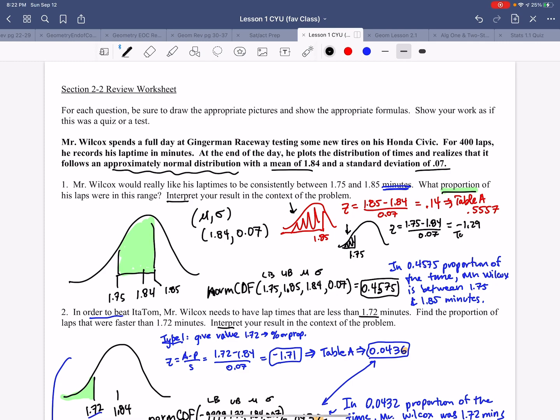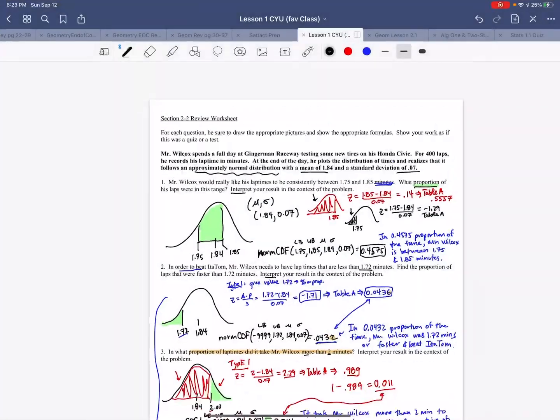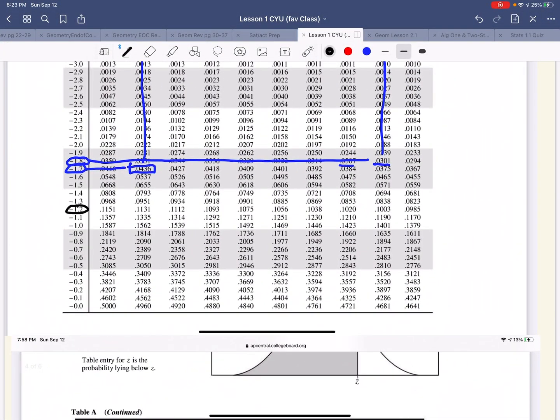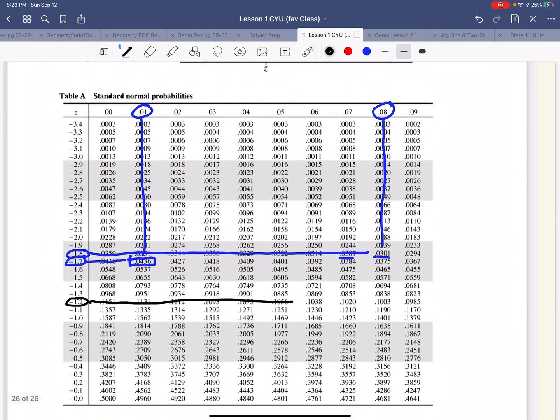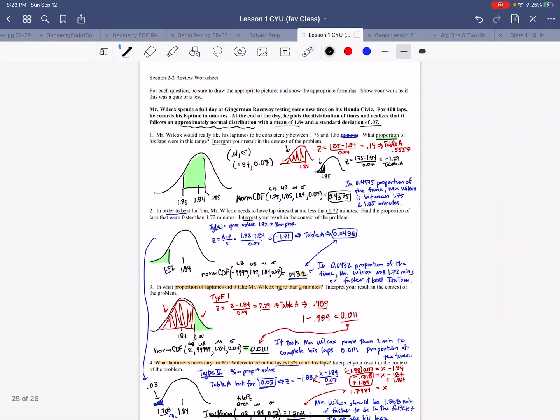All right, then we'll check out table A, negative 1.29. Negative 1.2. Go all the way over for 9. 0.0985.